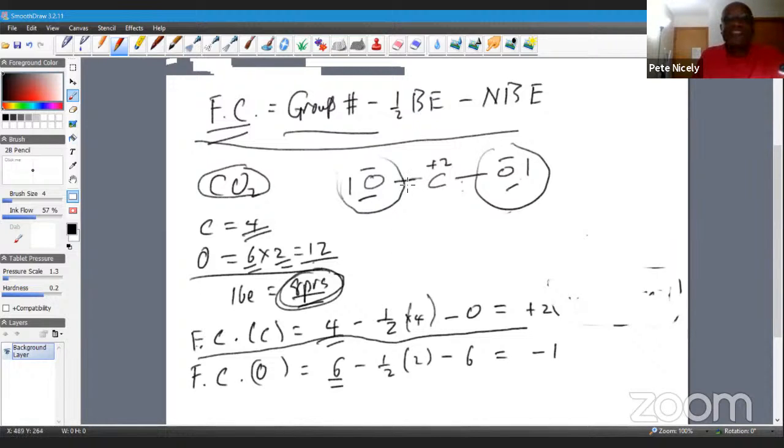So that's half of 2, minus the number of non-bonding electrons, which for each oxygen is 2, 4, 6. So we have 6 here. When you work this out, this gives you minus 1. So that means that each oxygen has a minus 1 charge, while the carbon in the middle has a plus 2 charge.